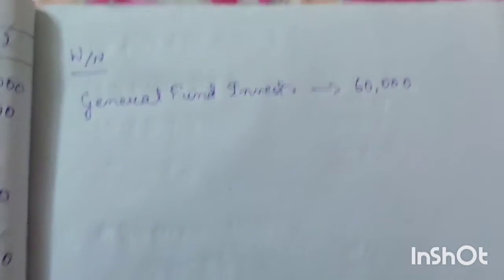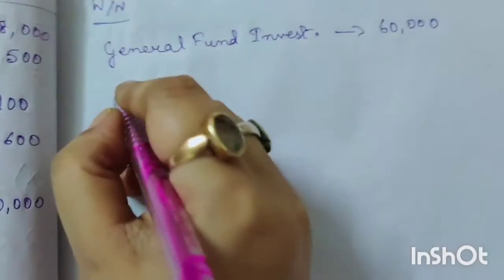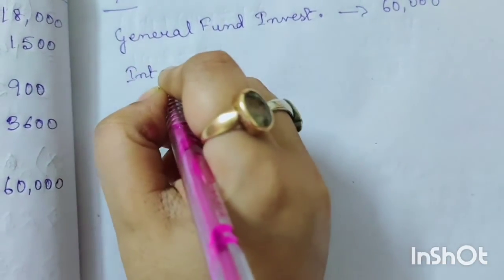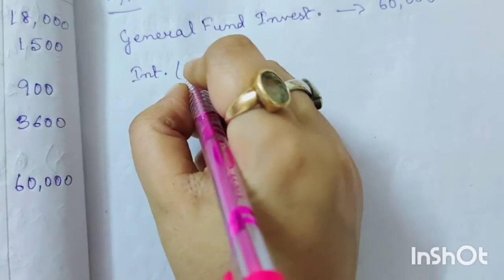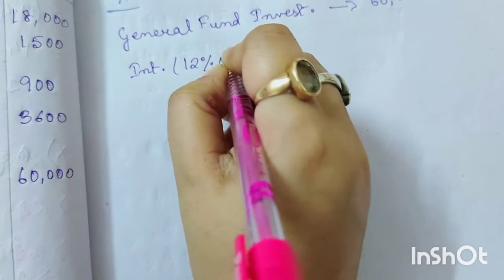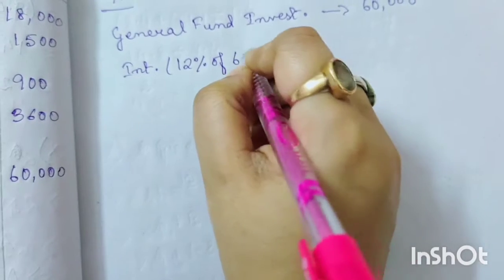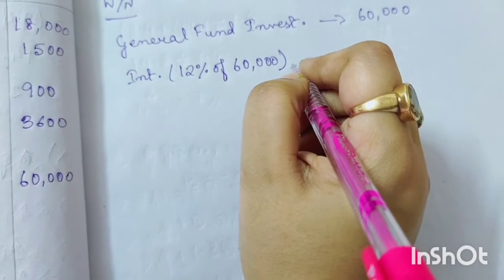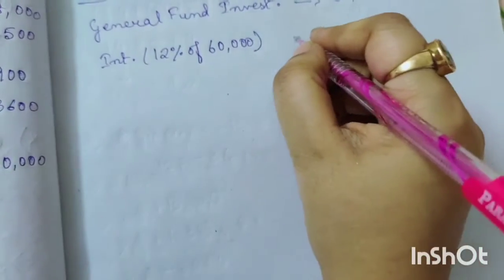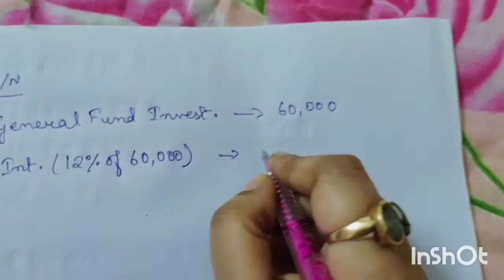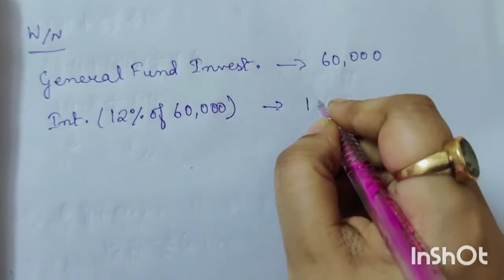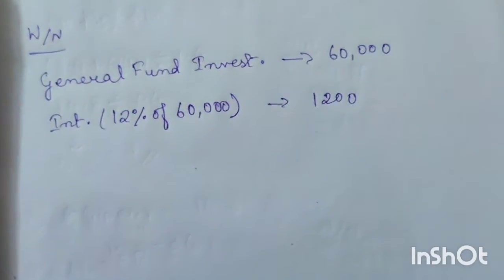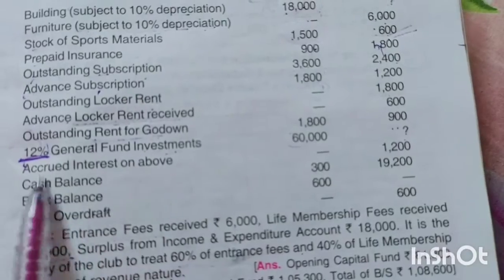Now on this 60,000, interest, it should be 12% of how much? 60,000, and 12% of 60,000 is 1200.